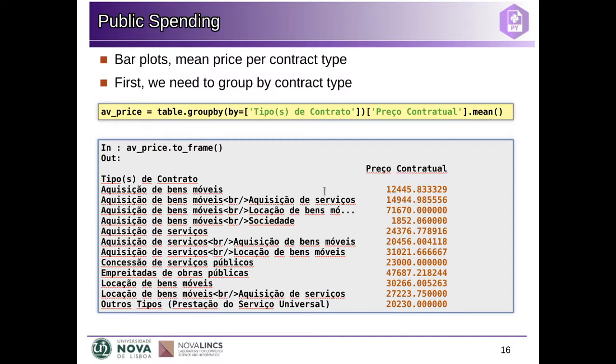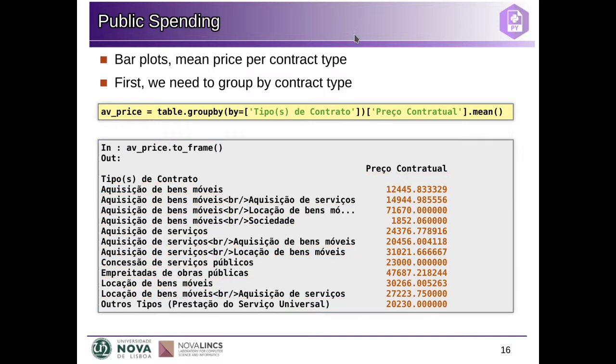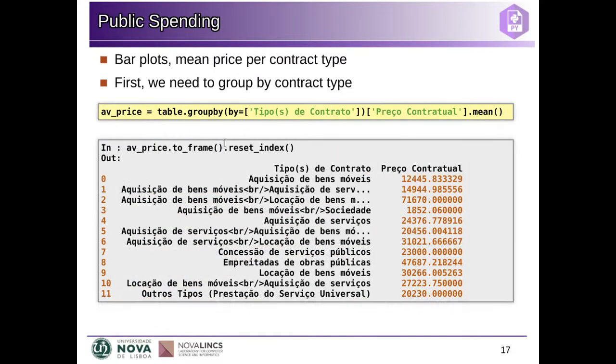And if we want this in a data frame that has two columns, one with the type of contract and one with the price, we can just reset the index. And remember that when we reset the index, Pandas will create a new index and copy the old index into a new column in our table. So this is the kind of steps that you can take.